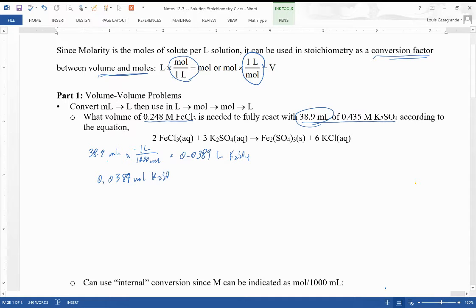the K2SO4. I'm going to multiply it by its molarity, which is 0.435, but I'm going to split the molarity into its units, moles of the K2SO4 in 1 liter of the K2SO4. So the liters, I'm sorry, that wasn't milliliters, that was liters up here.